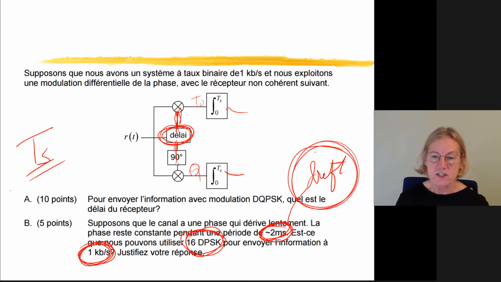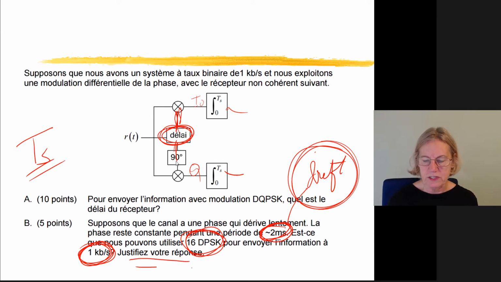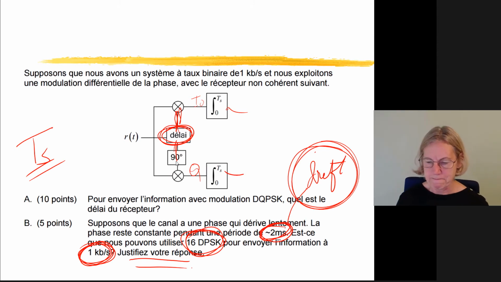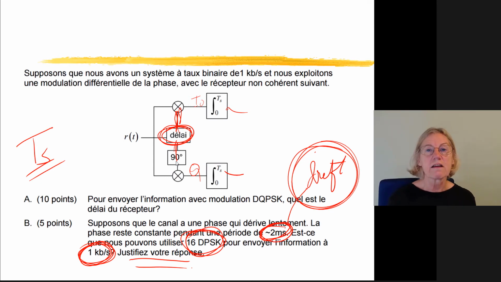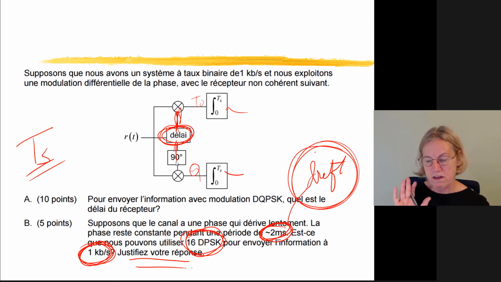Then I can answer the question. It says justify your response. This is the kind of question I can ask on the exam about DPSK, so make sure you understand the importance of quantifying how quickly the phase is changing.